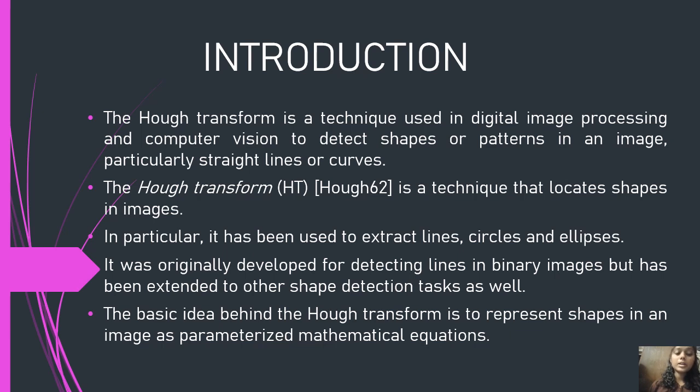It was originally developed for detecting lines in binary images but has been extended to other shape detection tasks as well. The basic idea behind the Hough transform is to represent an image as a parameterized mathematical equation. So this is about the introduction to Hough transform.